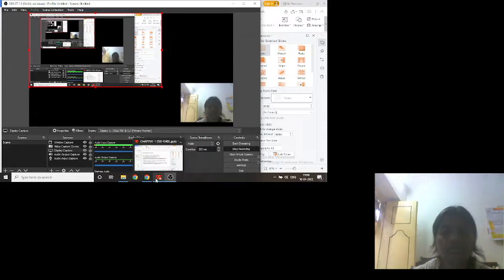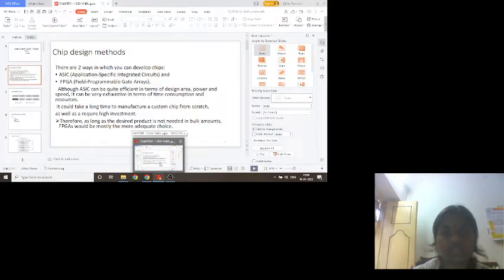Okay, so now I'll start with the chip design methods. There are two ways in which we can develop chips. One is the ASIC design flow and another is the FPGA design flow.